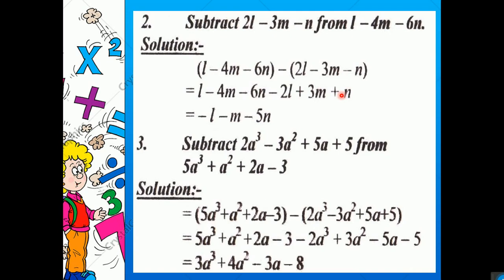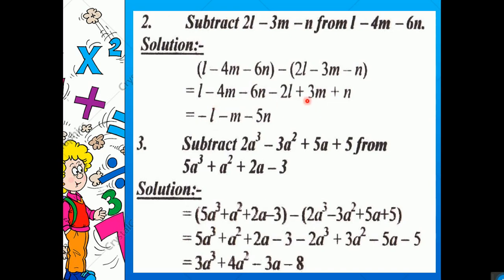Now adding the coefficients of like terms. So first of all, adding the coefficients of l, its coefficient is plus 1 and its coefficient is minus 2. Plus 1 minus 2 is equal to minus l. And the coefficient of m is minus 4 and the coefficient of m is plus 3.